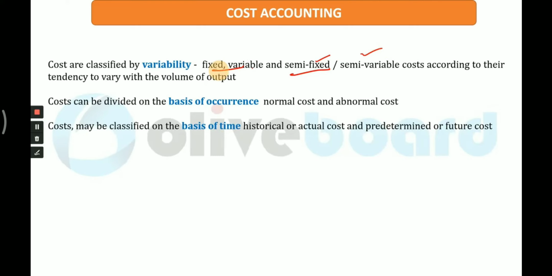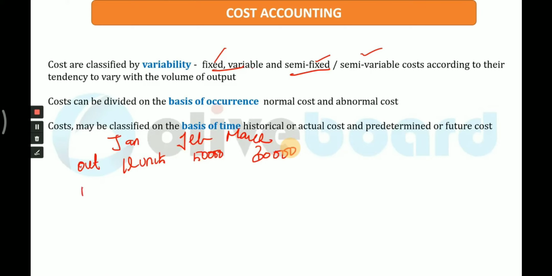What is fixed cost? How much ever the output is, the cost will not change. For example, January, February, March: in January I produced 1 lakh units, February I produced 50,000 units, March I produced 30,000 units. Rent paid for the factory is 50,000.